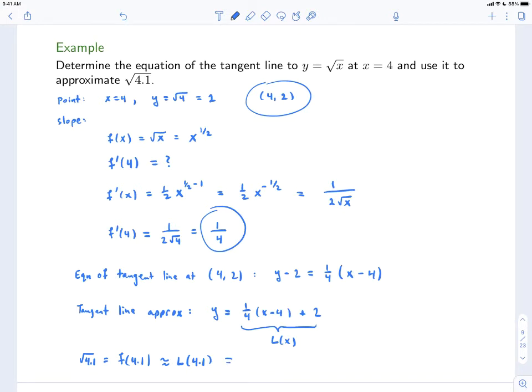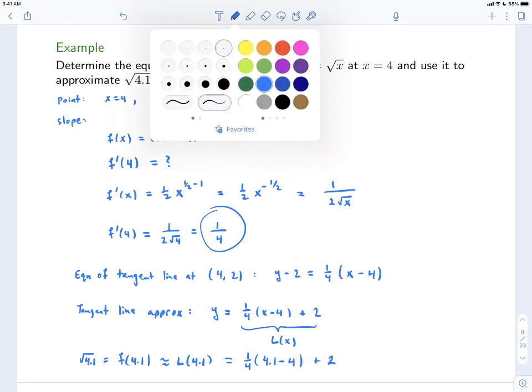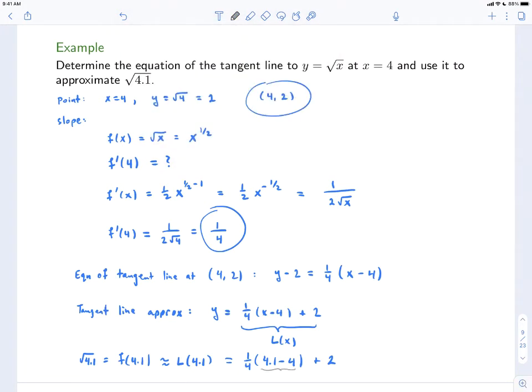So now we just plug in 1/4 times (4.1 minus 4) plus 2, and this value right here is just 0.1. So now we have, let's write this as 0.25 times 0.1 plus 2, and this will be equal to 2.025. And that's our approximation using the tangent line.